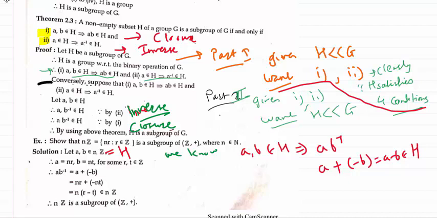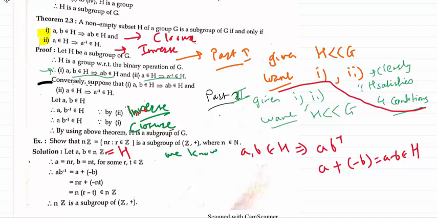So take any two elements from H, meaning NZ. These two elements are in the form of NR and NT for some integers R and T. So consider AB inverse, meaning here A plus minus B.